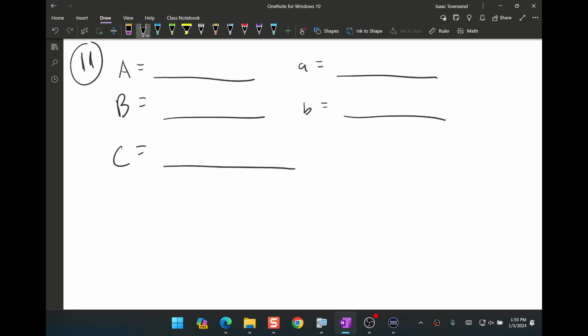So 11 is the first one they want you to solve that does not give you a picture. Again, make a triangle if it helps.